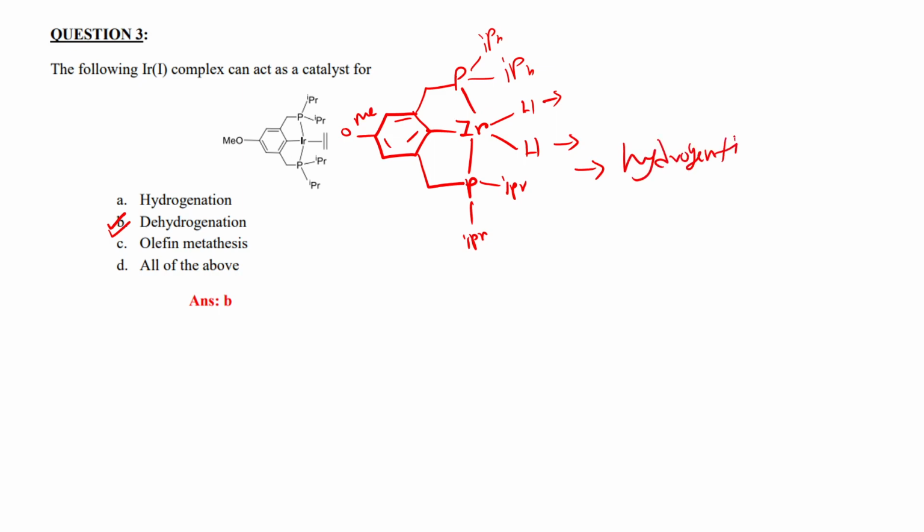This one is used for dehydrogenation, because there is no hydrogen, so you try to take hydrogen from the system like this, and here you are going to generate that olefinic fuel.